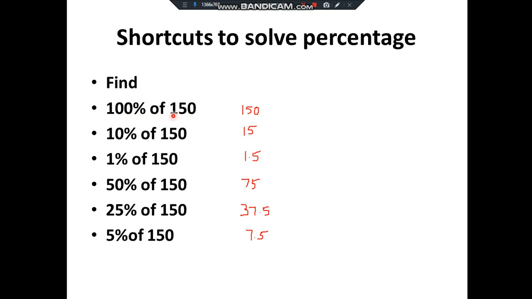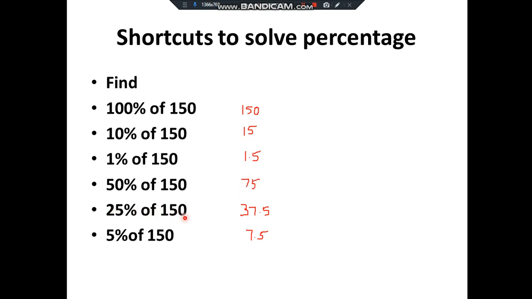So 100 percentage of 150 is 150. 10 percentage of 150 can be easily found by just keeping a decimal point from the last: leave a number and keep a decimal point, so I get 15. 1 percentage of 150 means move 2 decimals from the right-hand side, so 1.50 is your 1 percentage of 150. 50 percentage of 150 is nothing but half of 150, which is 75.